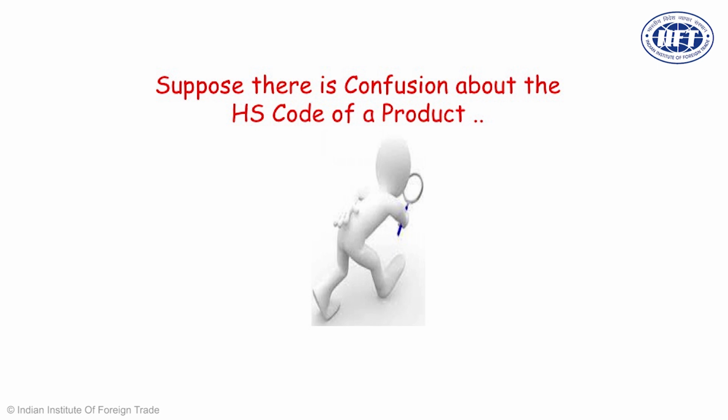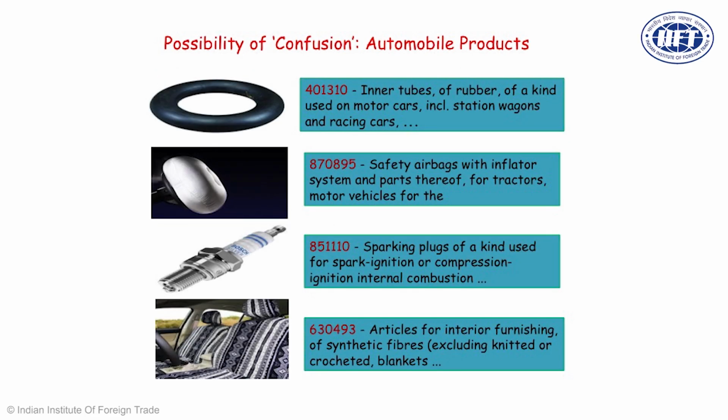Suppose you are producing automobile parts and component products. In case we talk about the tubes, though they can be used for motor cars, they might be used for certain other purposes as well. So what we might say here is they will not come under HS 87 or automobile products. They will appear under HS 40 or the rubber products instead.